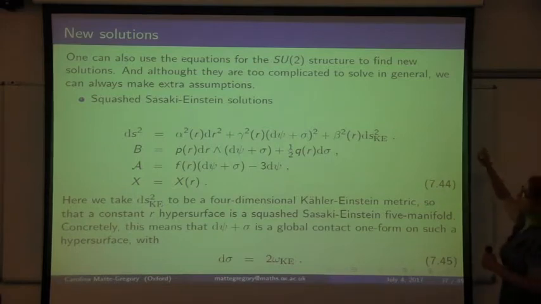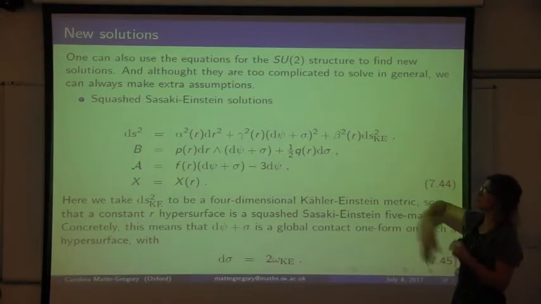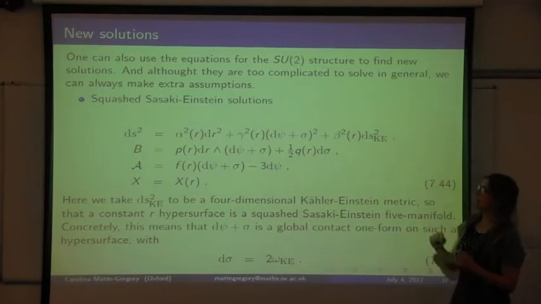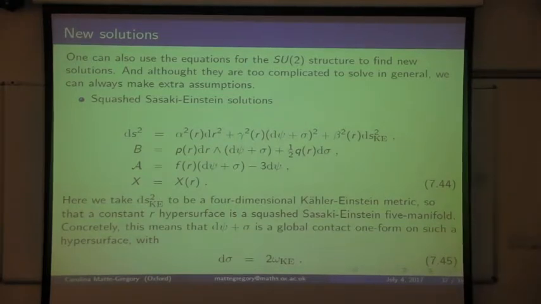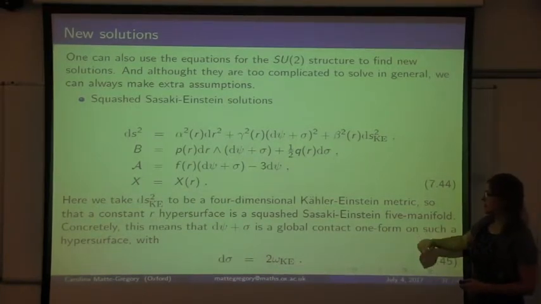Now I can think of not a CP2 anymore, but some generalization of that, a Kähler-Einstein manifold here in my four-dimensional metric. And then now I have a new ansatz that I can just plug into those differential equations that I got from my bilinears.